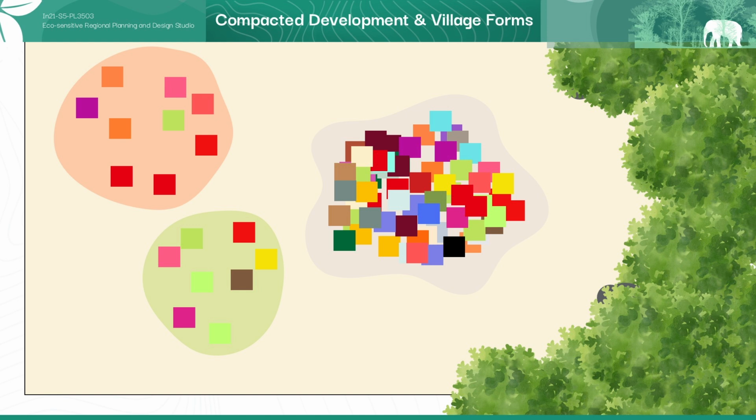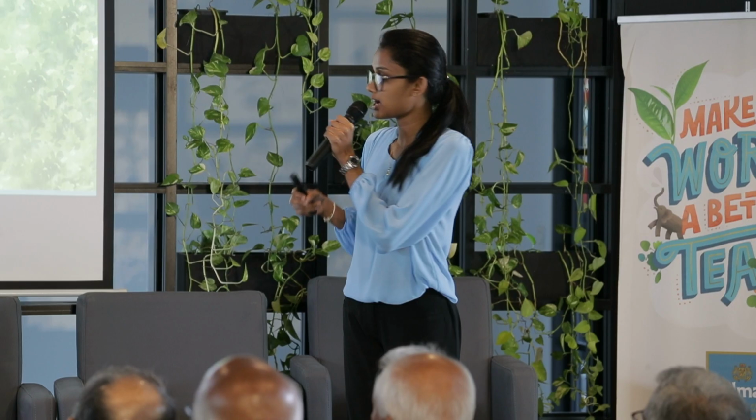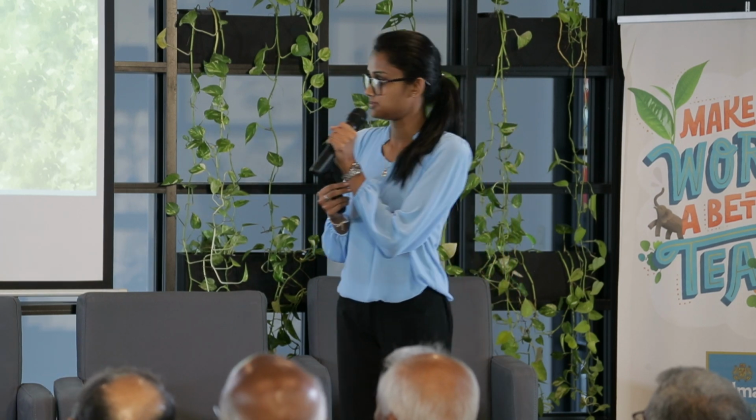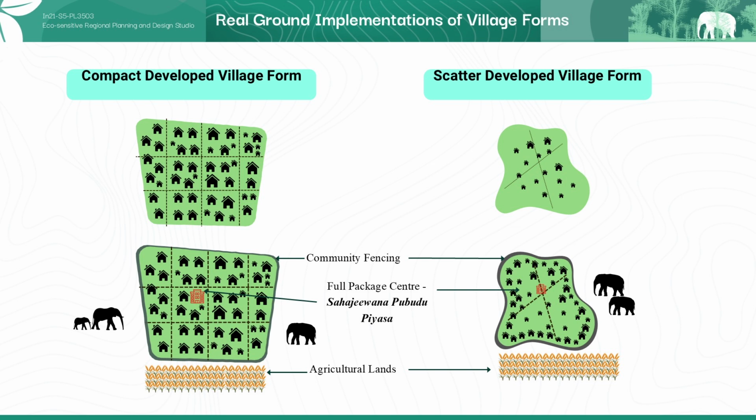Therefore, we propose clustered development in high-intensive development zones, and all government housing schemes are also encouraged with this model. When we consider ground implementation of village form, there are 2 forms: the compact development village form and the scattered development village form.